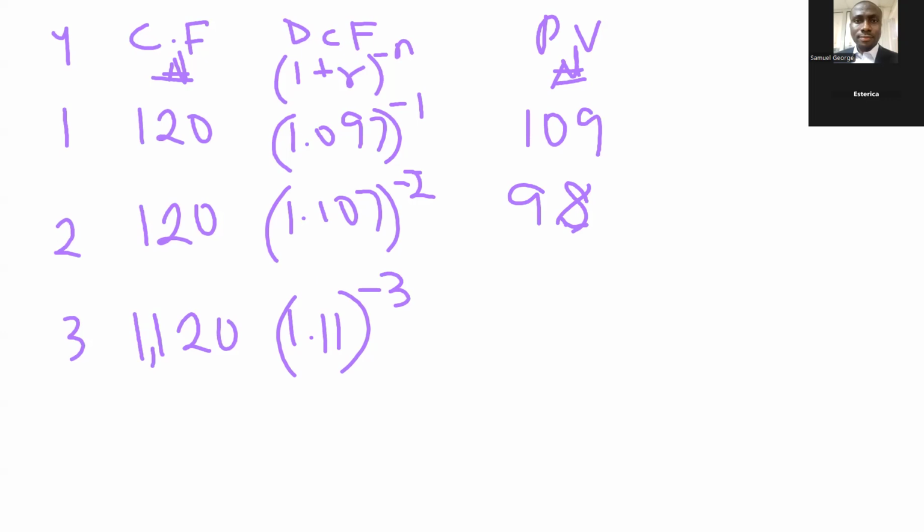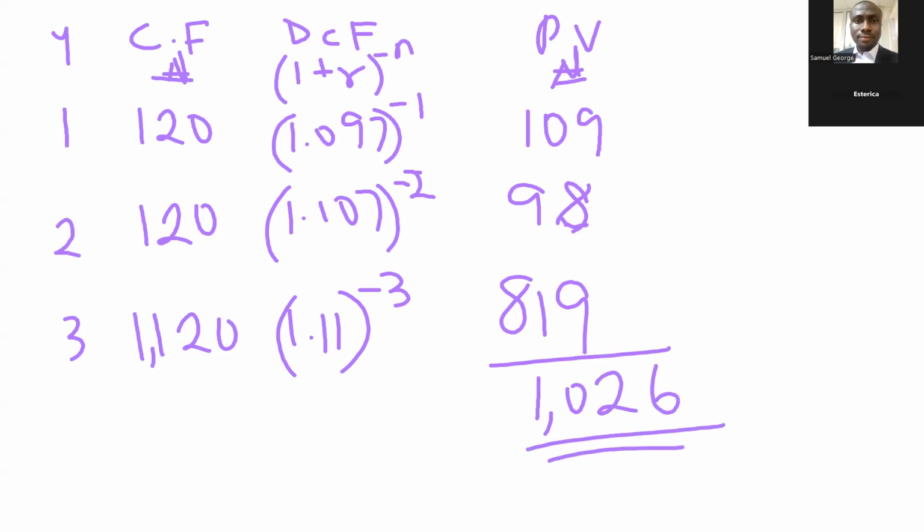I have 819 approximately. Add all these PVs together: 819 plus 98 plus 109. I have 1,026, which is equal to the bond price for bond B per 1,000. Okay, that is the price of bond B.